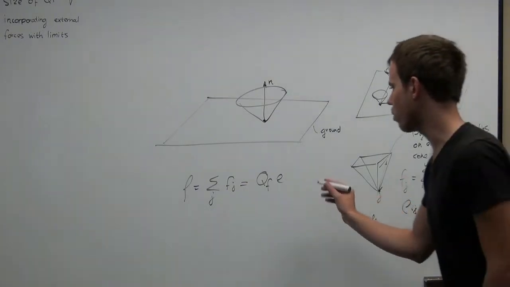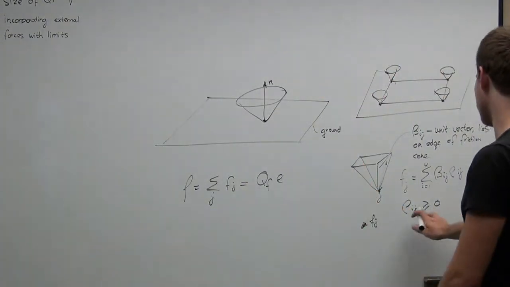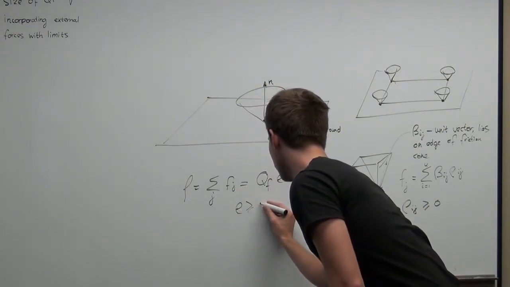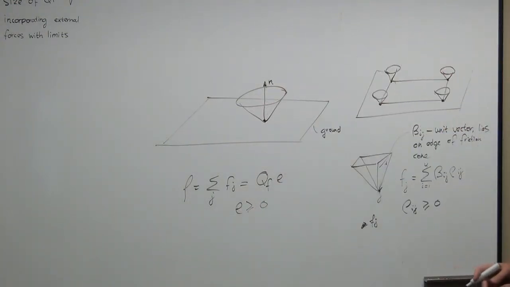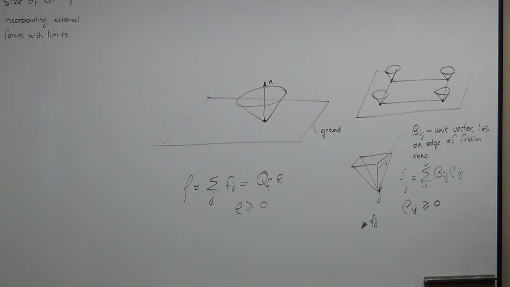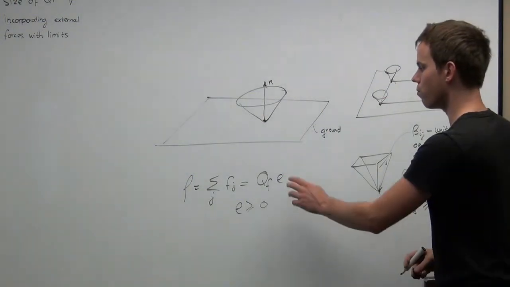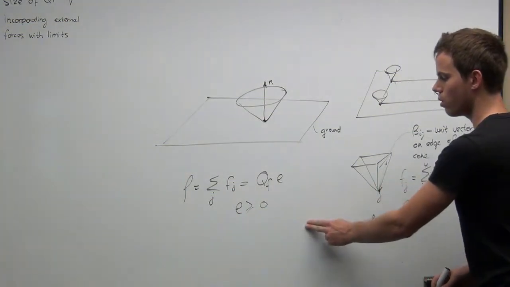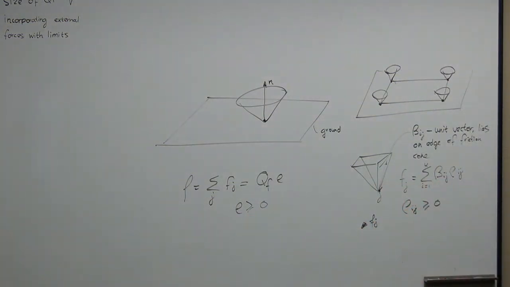We can write our additional constraint as rho larger than or equal to 0. So that's cool. Now we have the sum of all external forces exerted on the robot as a linear combination of these rhos plus this inequality constraint. Now we still need to do the torques.